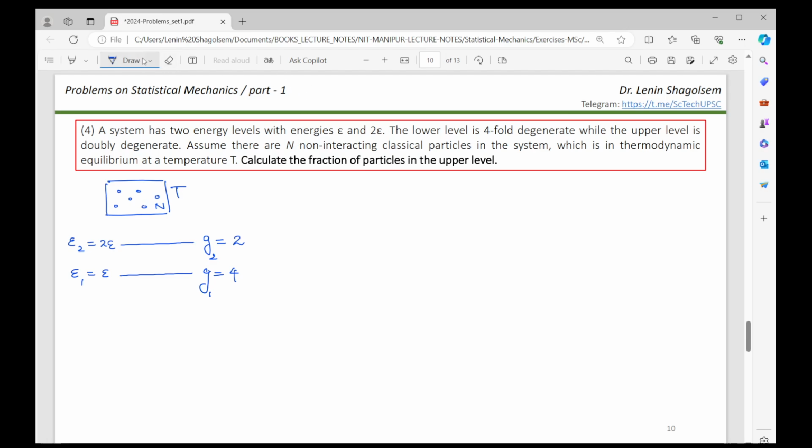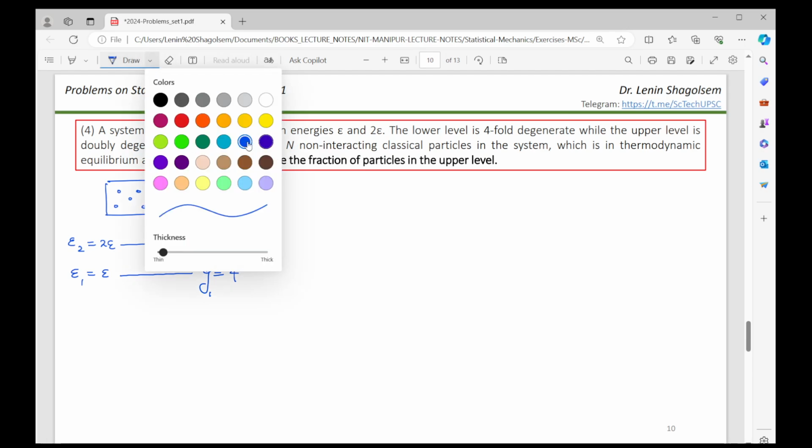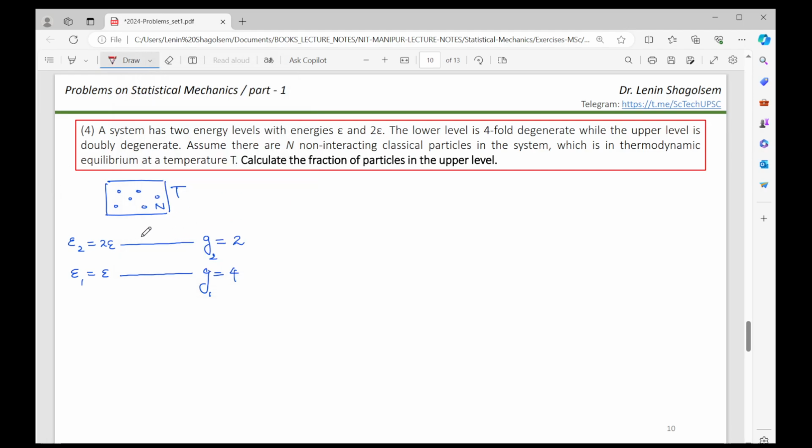Out of this n number of particles, a certain number of particles will be in the upper state or excited state, you can call it. Let's call this n2, and a certain number of particles will be in the ground state.